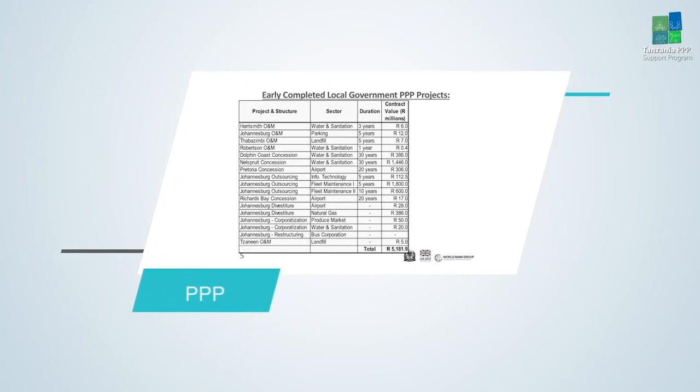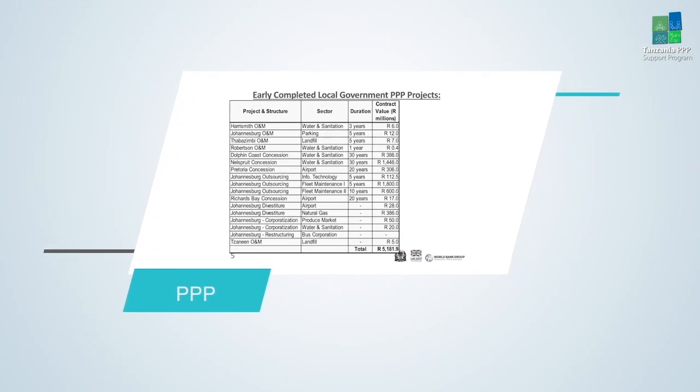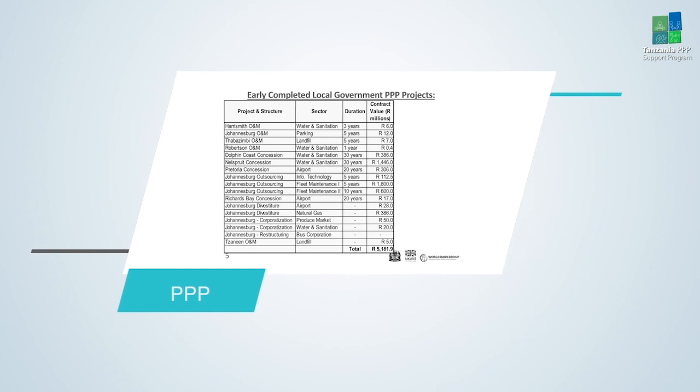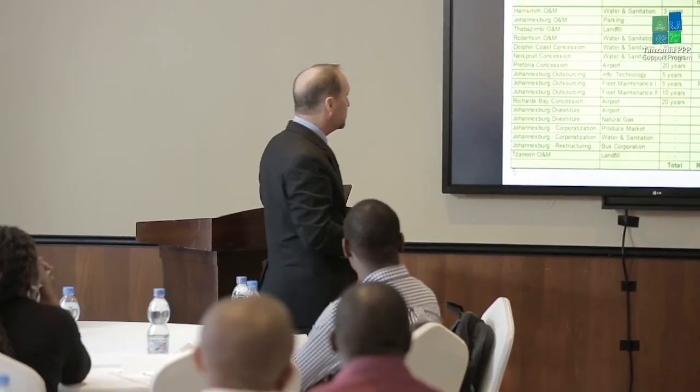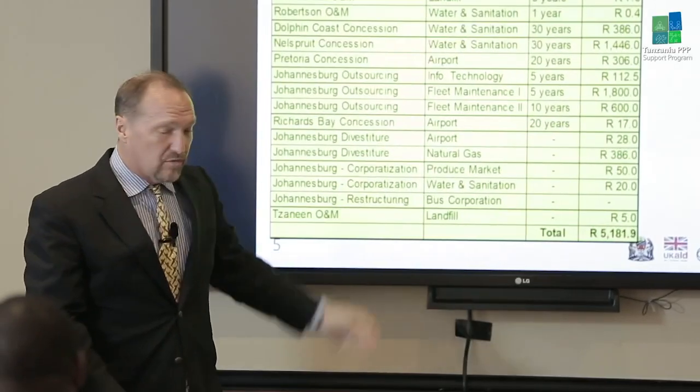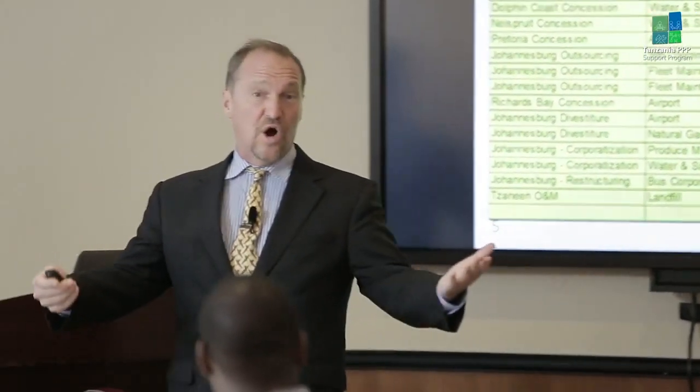And here is a look at their initial track record. They did more projects than this, but initially you'll see that they were doing things in the water and sanitation sector, parking, waste landfills, a number in the water and sanitation distribution sectors. They did it in the ICT sector, fleet maintenance. There were even local governments who owned airports.